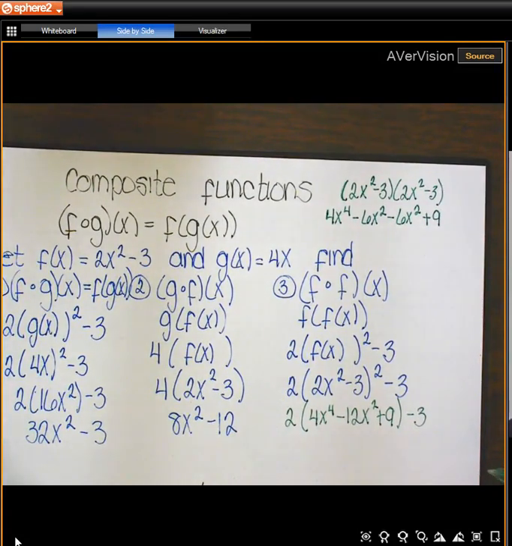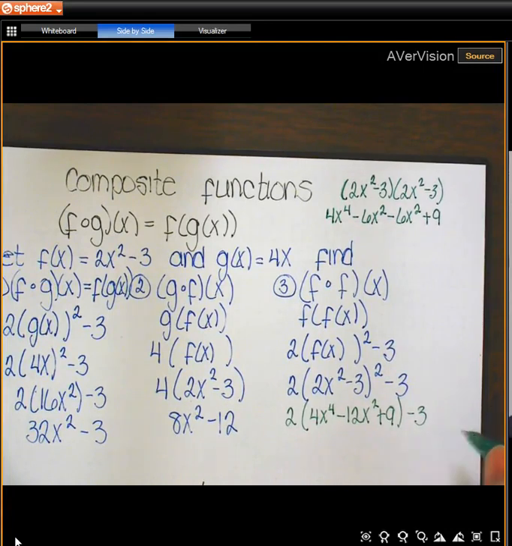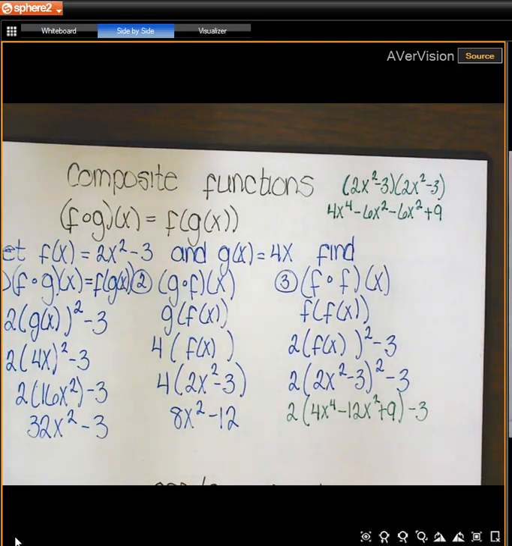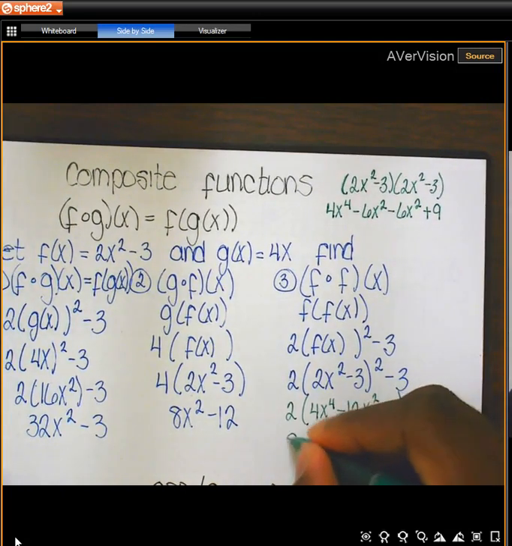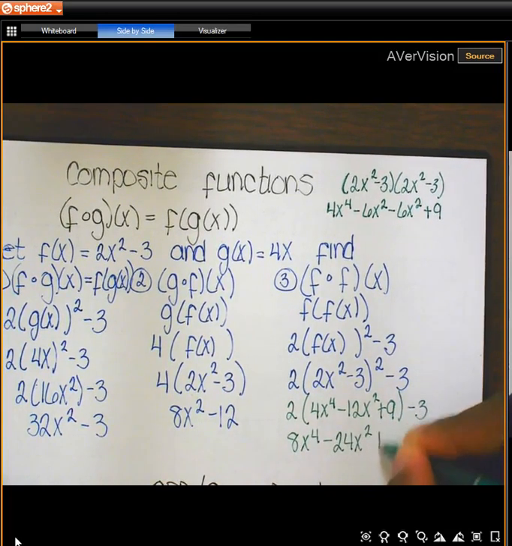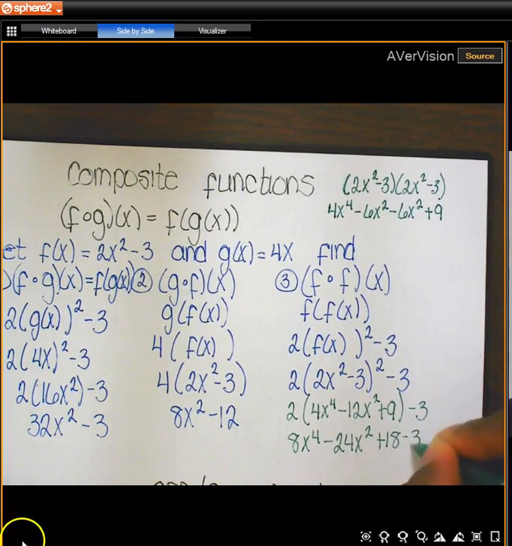Good, Stephanie? Yep. Well, since we're here, might as well finish it. What do we do next? Yep. So we get 8x to the 4th minus 24x squared plus 18 minus 3.